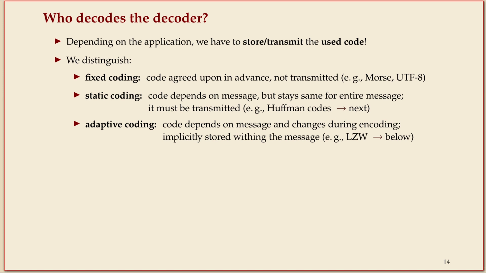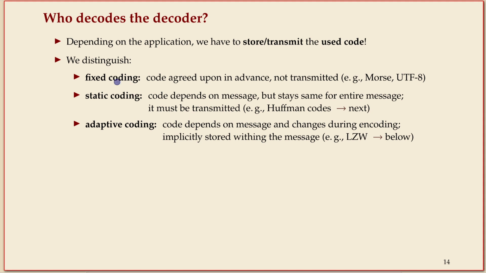Last part of this, just a general point again. If you pick your favorite encoding for your characters, you have to somehow tell the decoder, the person who decodes, what that code was. Otherwise, they cannot decode. So the question is kind of who watches the watchman, who decodes the decoder, and there can be different choices.